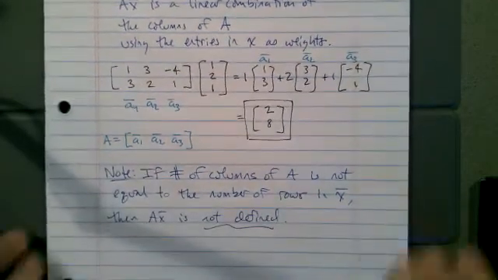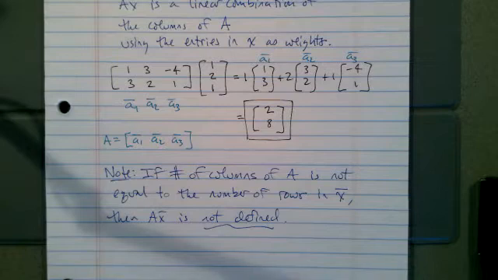To multiply a matrix by a vector, the number of columns of the matrix has to equal the number of entries in the vector, because I have to have a weight for each of the columns. I'm trying to make a linear combination. I need a weight for each of the columns. That's another way to think about it.